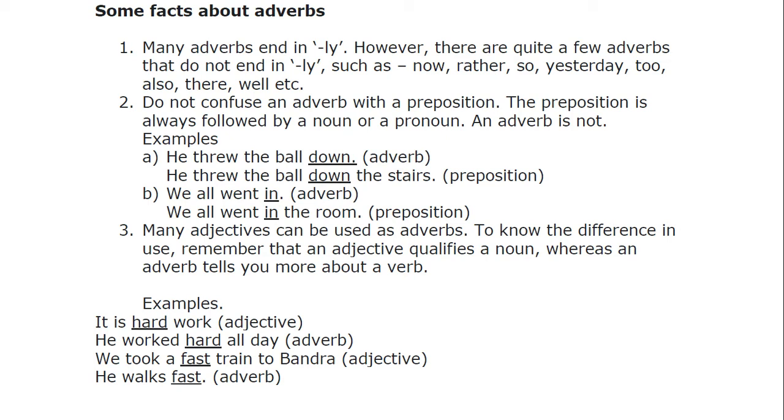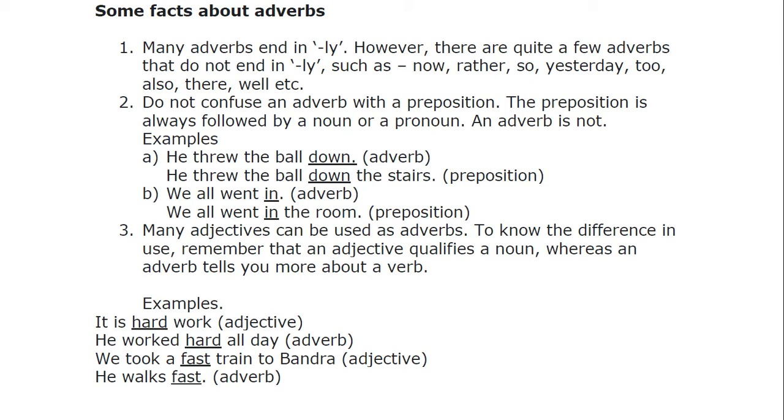So in is your adverb. Where did he jump? He jumped in. But if you see, he jumped in the box, you have the noun the box after in. So there it becomes a preposition. If there is a noun or a pronoun after the word you think is an adverb, then it is not an adverb, it is a preposition.